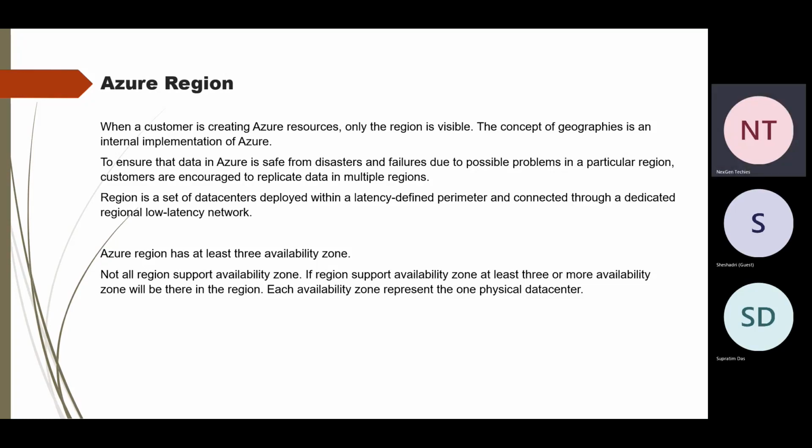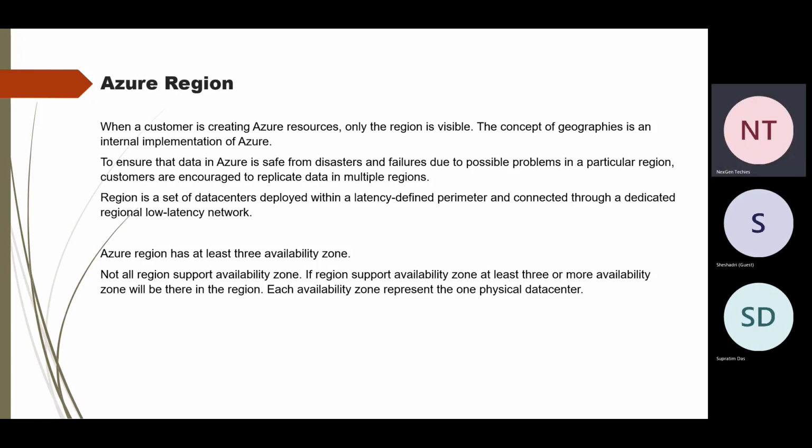So if any of the VMs or a data center is down, then another availability zone is there. Okay, so you won't see any downtime. So availability zone guarantees high availability. The SLA for availability zone is 99.99.